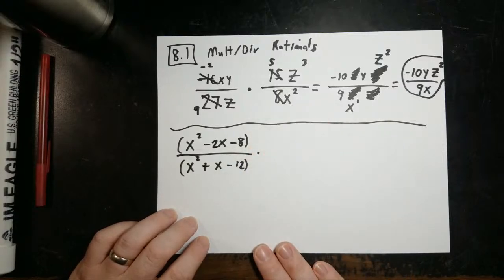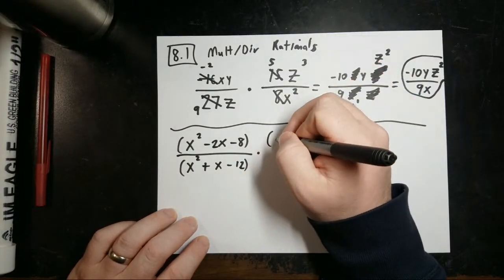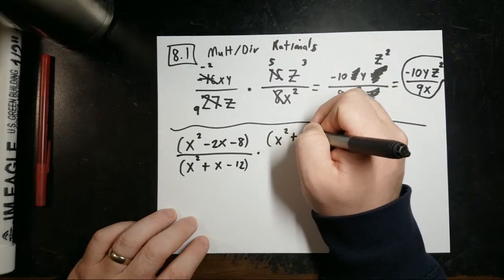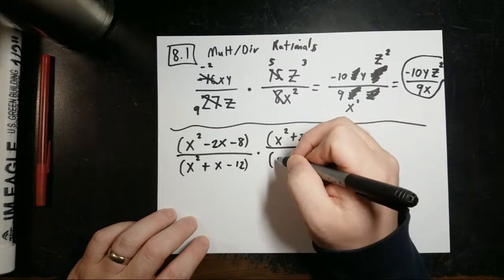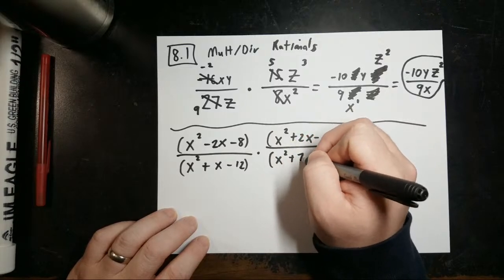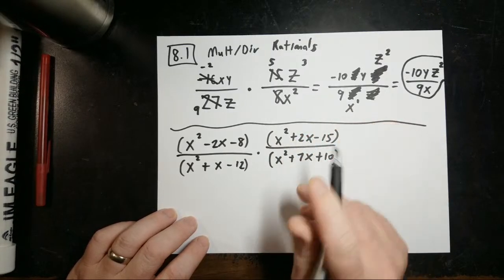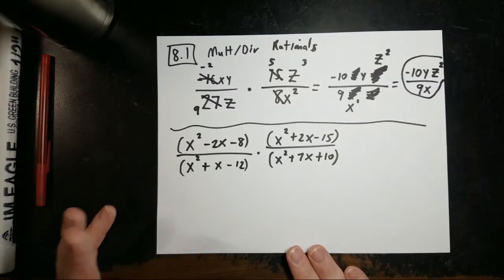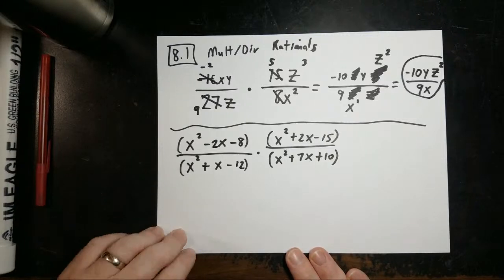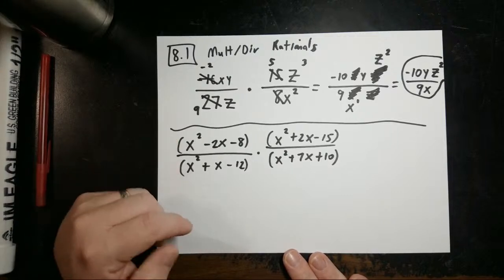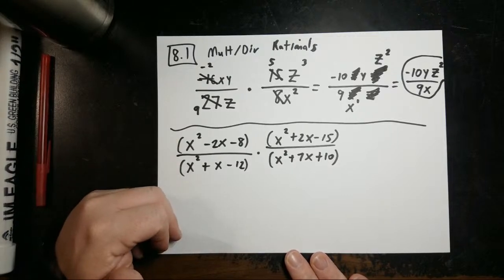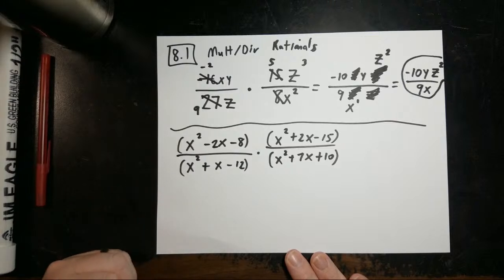Times, parentheses, x squared plus 2x minus 15 over x squared plus 7x plus 10. Again, when you see these on a page or on an assessment, most likely the parentheses will not be there. I add them in simply because I know that they're there, and it helps conceptualize the problem.